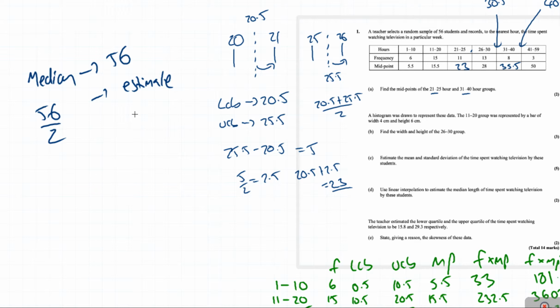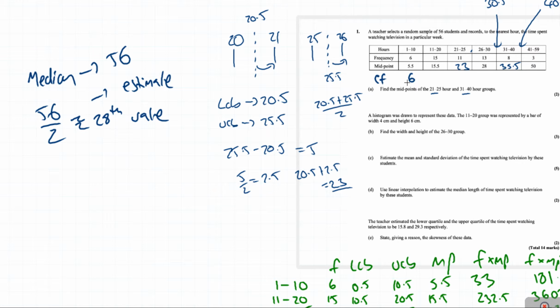Here we can roughly say that it's going to be the 28th value. So the 28th value, we need to look at the table and work out where that is. We use a cumulative frequency at this point to find where this is.